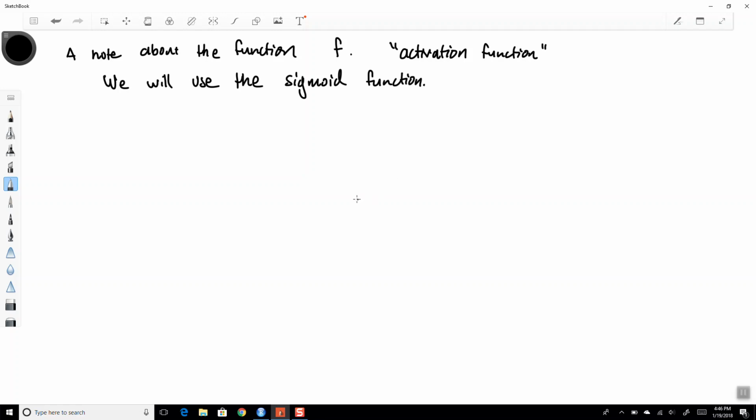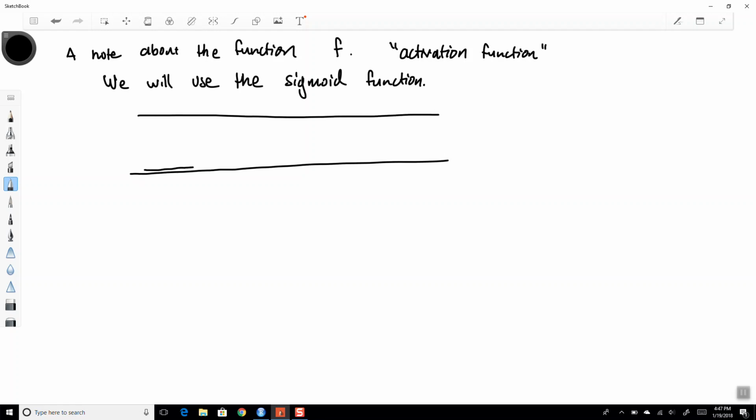What a sigmoid function does is it takes a domain of negative infinity to positive infinity, but its output range is 0 to 1. So it basically squishes everything from minus infinity to positive infinity into 0 to 1. The way it looks is something like that.